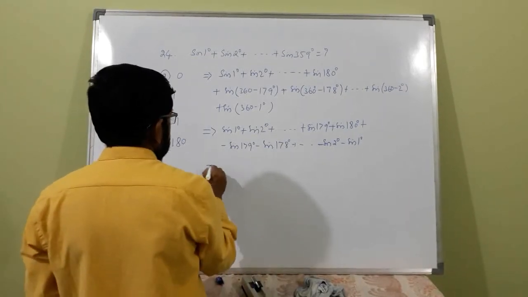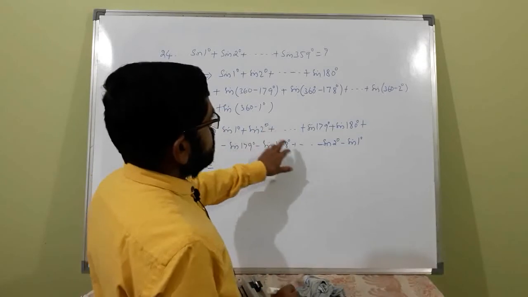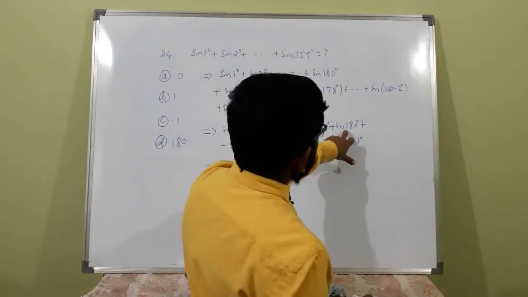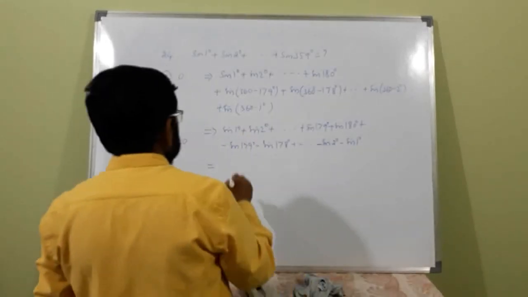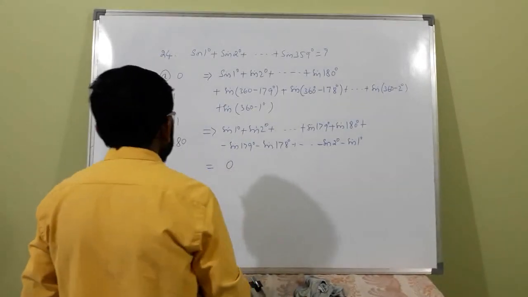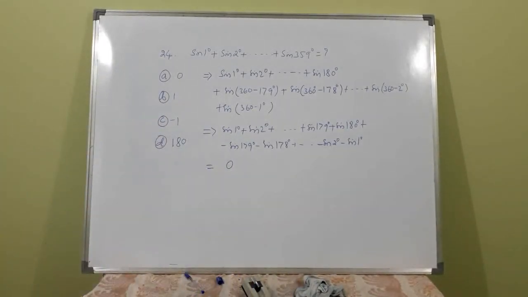That is equal to, all terms cancel except this. Suppose 360 is added, that is equal to 0. So A is the correct answer.